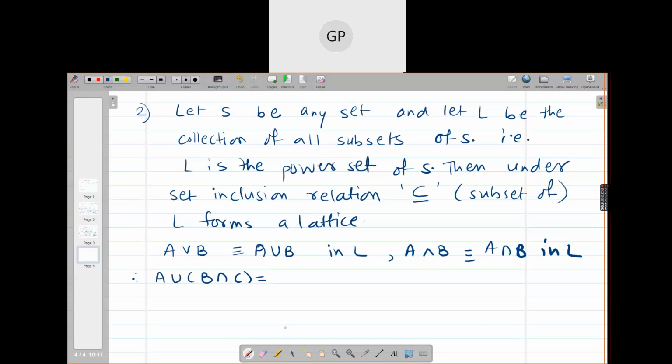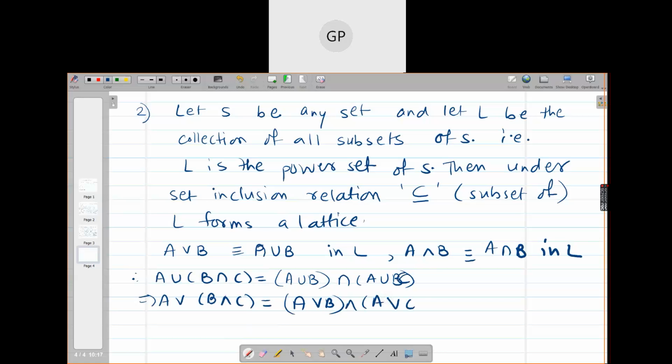Yes or no? Union and intersection are distributive in nature. What is A union B intersection C? It is A union B intersection A union C. And that implies A join B meet C is the same as A join B meet A join C. Correct or not? Understood?